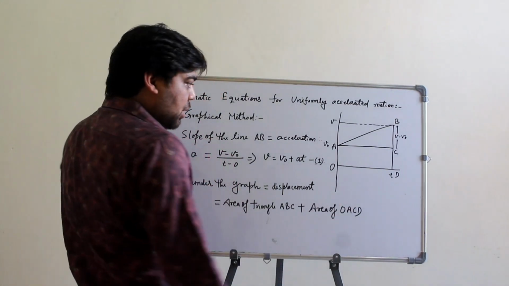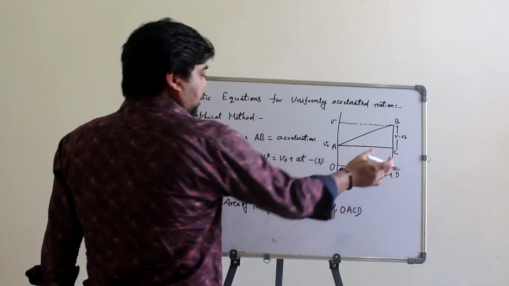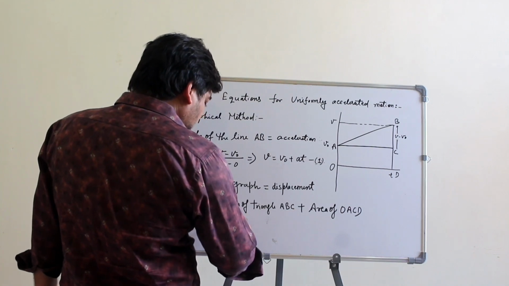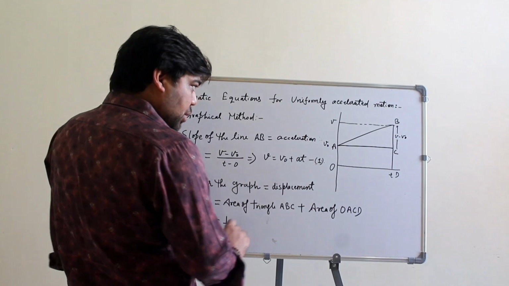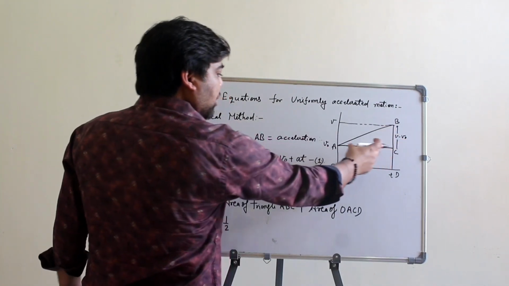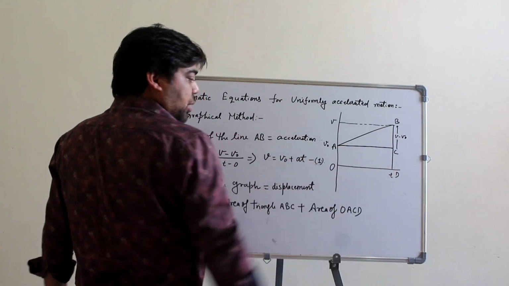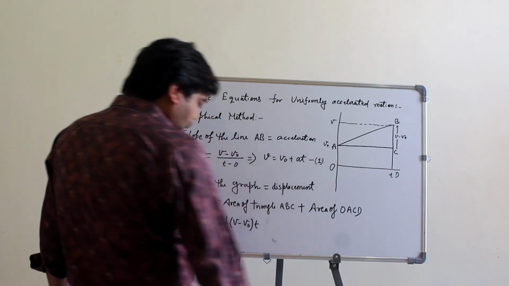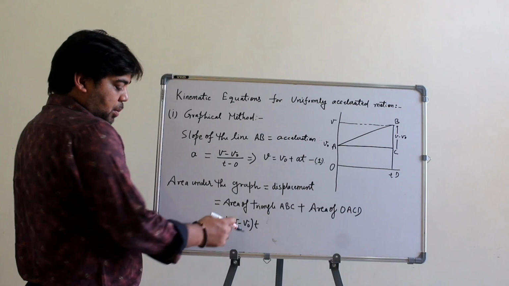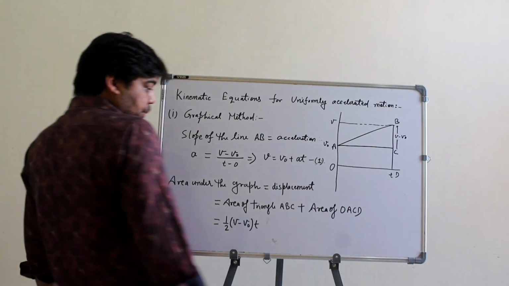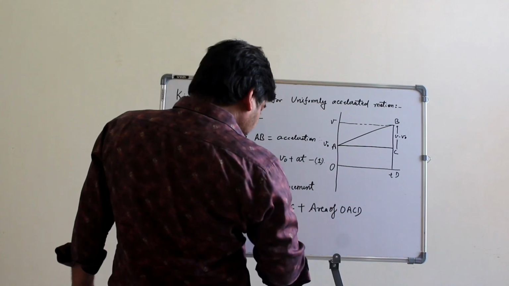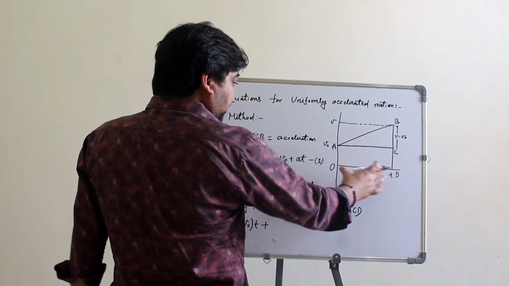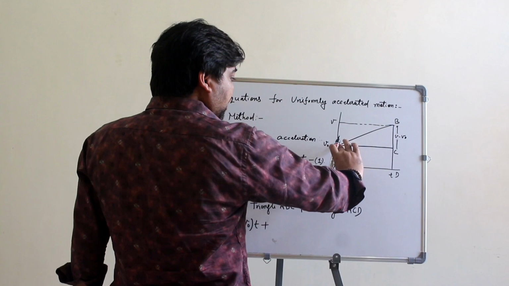It is a rectangle obviously, because this side is equal to this side and this side is equal to this side. So what is the area? It is half into V minus V naught multiplied by T, which is the area of the triangle, half base into perpendicular, plus this multiplied by this, which is T and V naught.